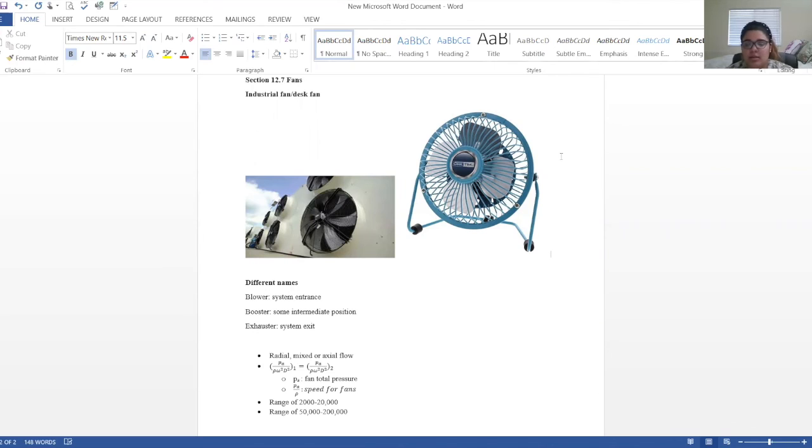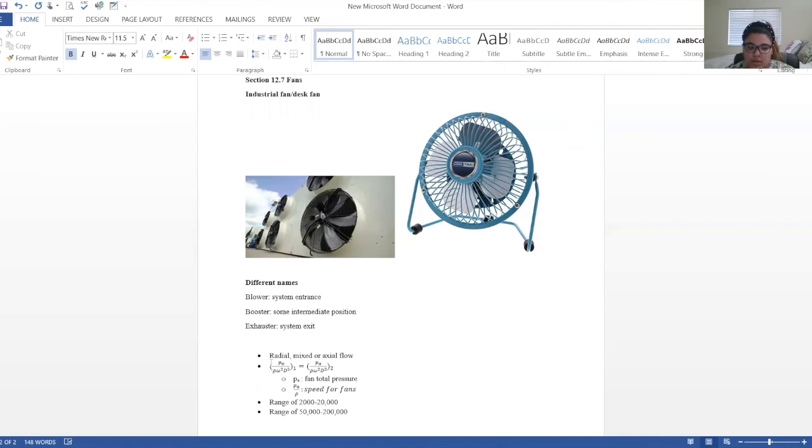As is the case for pumps that we have discussed previously, fans can have radial flow, mixed flow, or even axial flow. To describe the performance, we can use similar equations as we did for pumps. Most equations that we use are going to be using the static pressure rise to describe the fan performance.